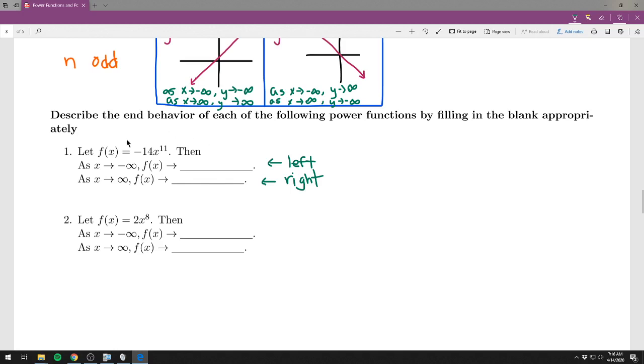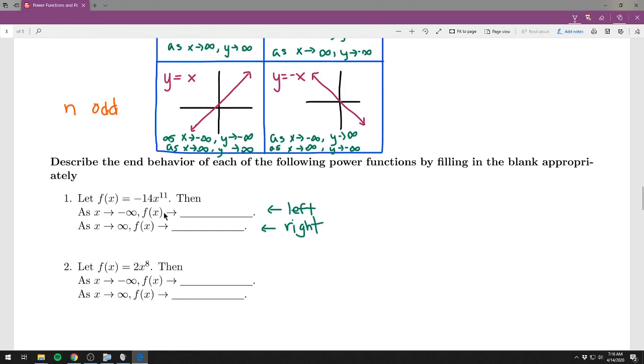You can plug it in your calculator, graph it, understand what's happening. You can have it sort of remembered in your head, the chart. Either one is good. I like to use the chart, but that's because I'm so used to this. I'll graph the example as well just to confirm what we do.